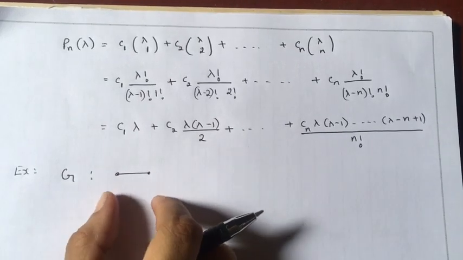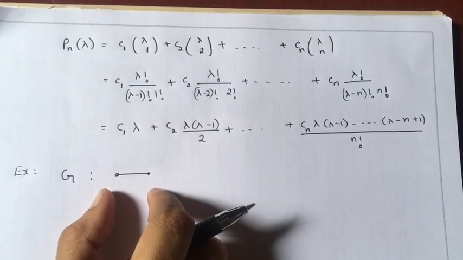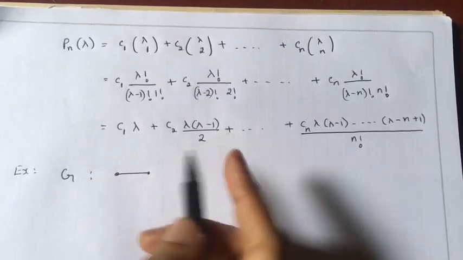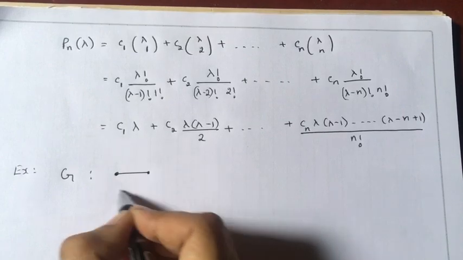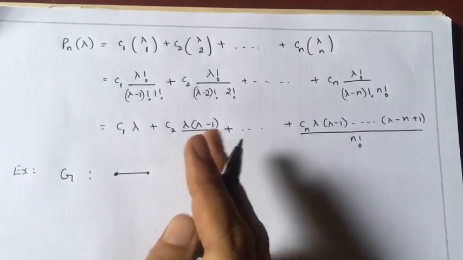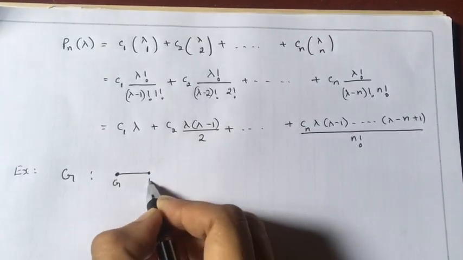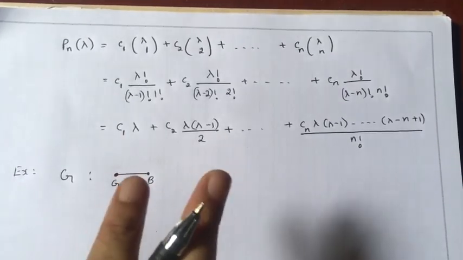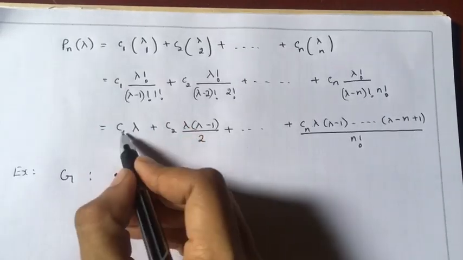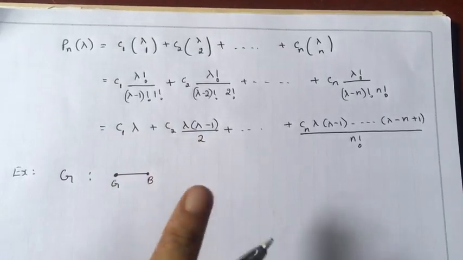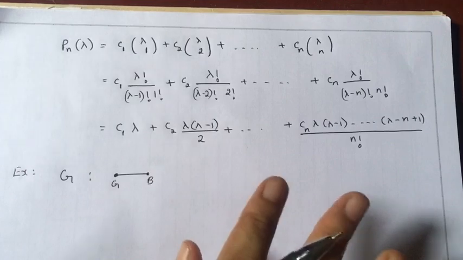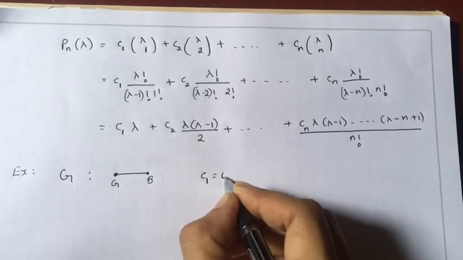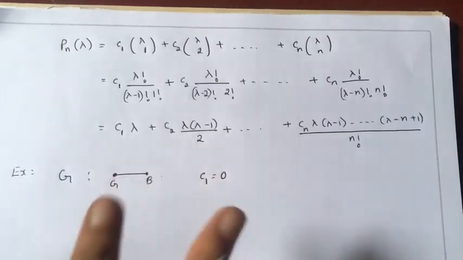Now, how many minimum colors do I need to properly color this? It is 2, right? If I give green here, then say blue over here. So in this case I need minimum 2 colors. Therefore, coloring using one color is not possible for this graph, so C1 value is 0.